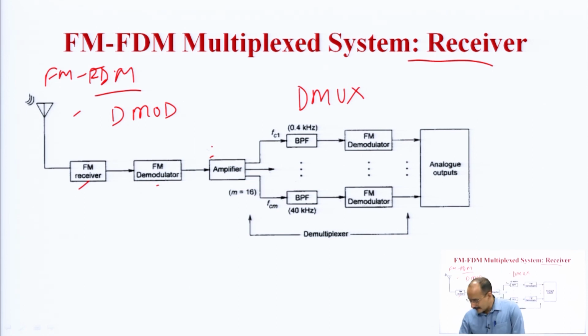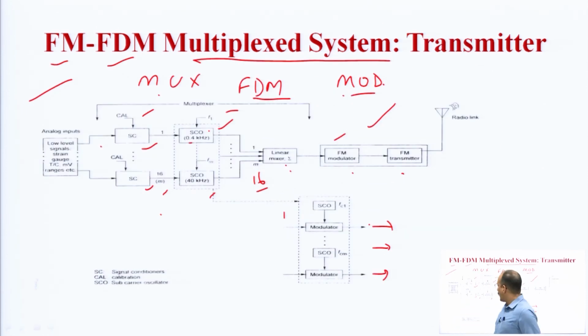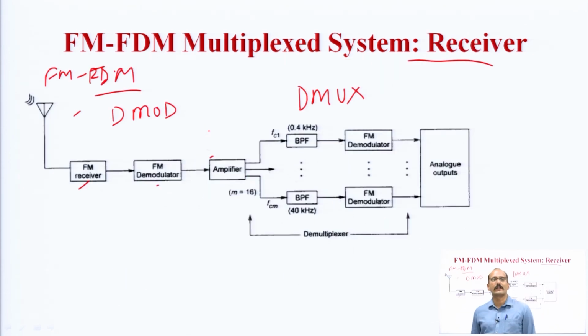As at the transmitter part, you are using the subcarrier oscillator to translate the frequency of individual sensor input. Here we are using multiple band pass filters and FM demodulators for demodulating individual sensor signals from the incoming composite signal.